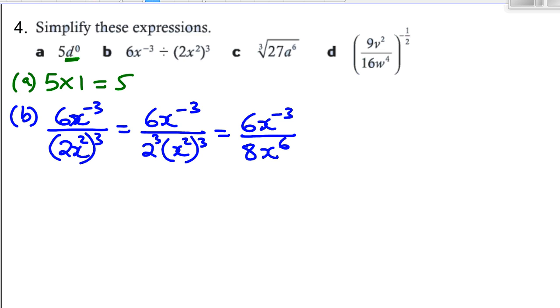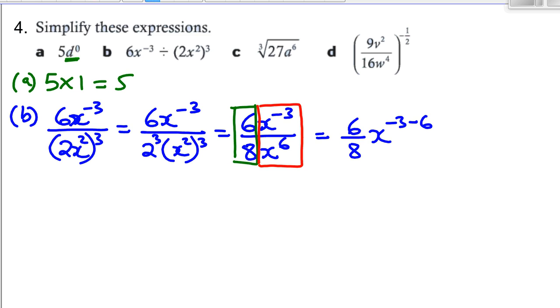Now if you want, you can focus on the numbers, work that out separately, and then the x terms, work them out separately. So what you'll end up with is 6 over 8. Now if you divide the x terms, you subtract the power, so you'll have x to the power negative 3 minus 6.